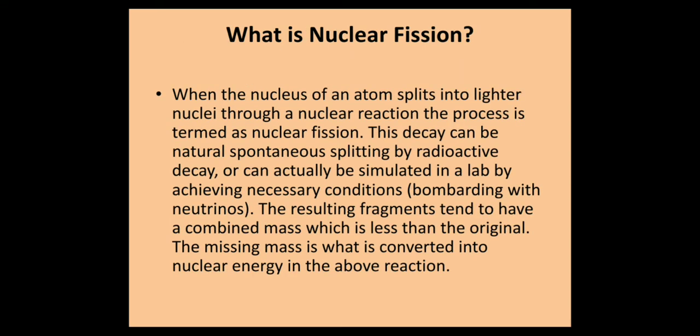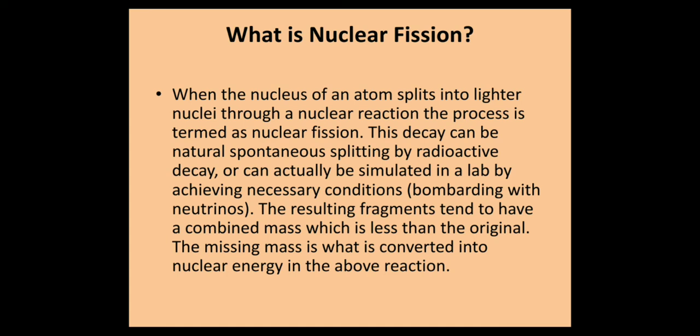What is nuclear fission? When the nucleus of an atom splits into lighter nuclei through a nuclear reaction, the process is termed nuclear fission. This decay can be natural, spontaneous splitting by radioactive decay, or can actually be stimulated in a lab by achieving necessary conditions.